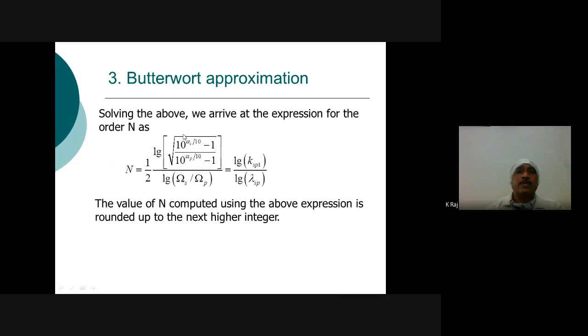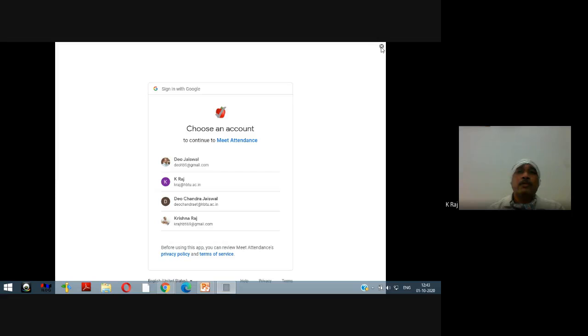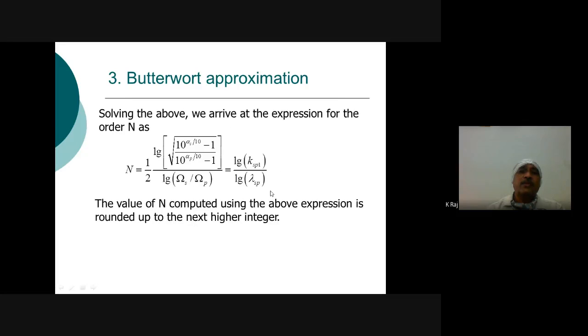We have derived a formula to compute n that depends upon omega c, omega s, omega p, alpha p and alpha s. If the order is a fractional value, then we consider the next higher integer value.